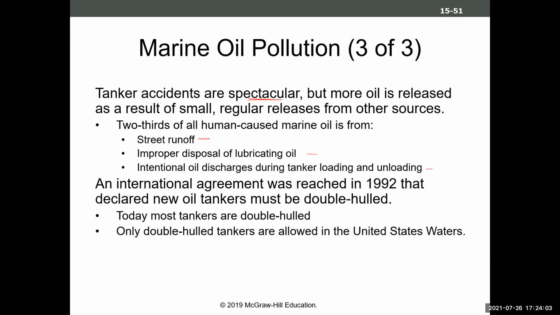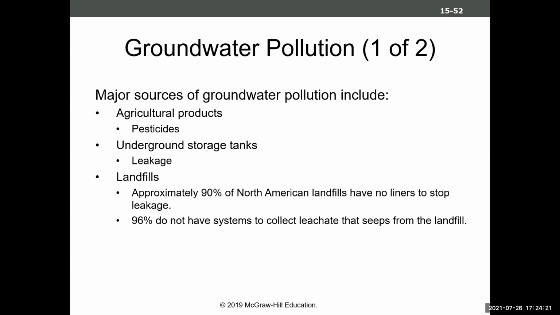So like spills that happen as you're putting it into a tanker or taking it out of the tanker. So there was an agreement reached in 1992 that declared that oil tankers must be double-hulled, and only double-hulled tankers are allowed in the United States to try to help with that pollution source.